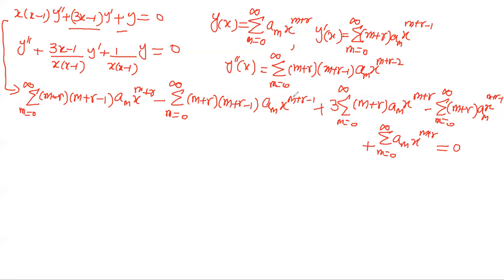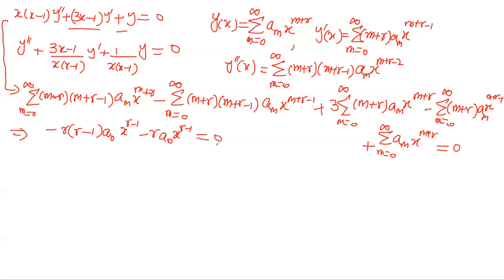So we can equate the coefficients of these two terms on both sides, and then we will get this equation: minus r into r minus 1 a naught x power r minus 1, minus r a naught x power r minus 1, is equal to 0.